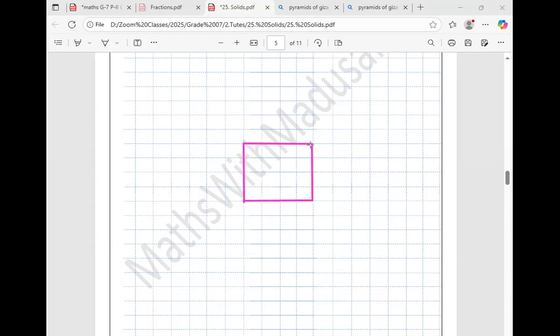And on top of this, I will take another 1, 2, 3 squares as the height of my triangle, like this. This is my triangle, and the height of that is 1, 2, 3 squares. For this side also, height 1, 2, 3. Here is the vertex.